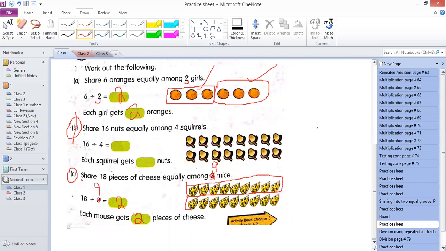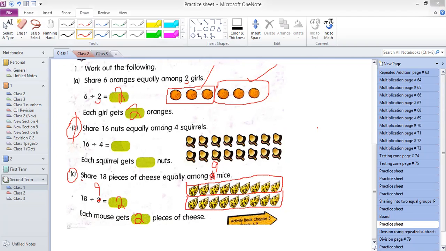Another 9. 1, 2, 3, 4, 5, 6, 7, 8, 9. So there are 2 groups. Yes, absolutely right. 18 divided by 9 equals 2 because 2 multiply 9 equals 18.